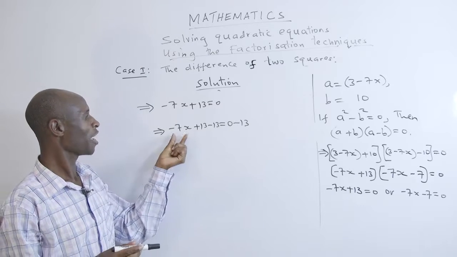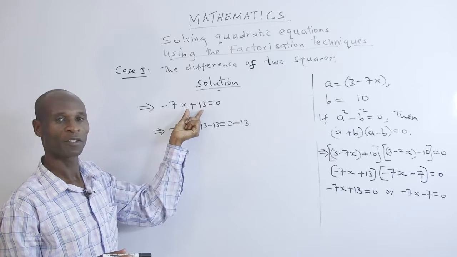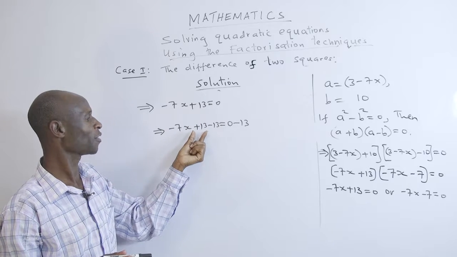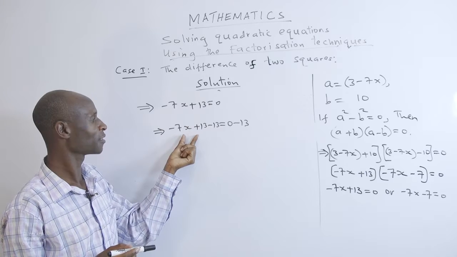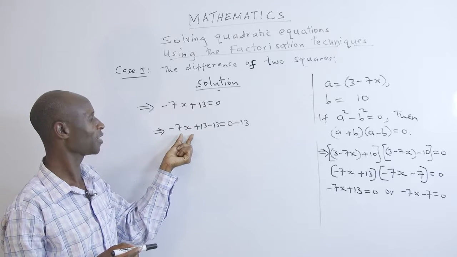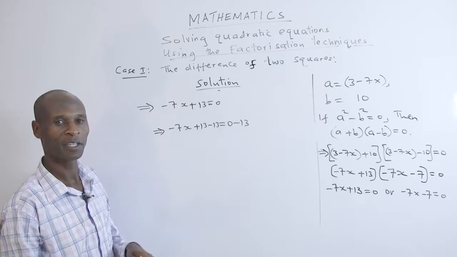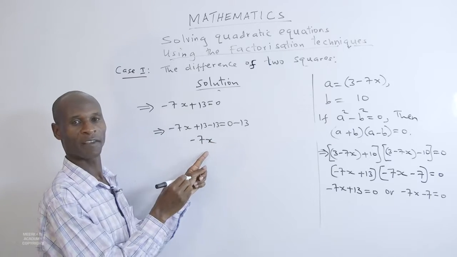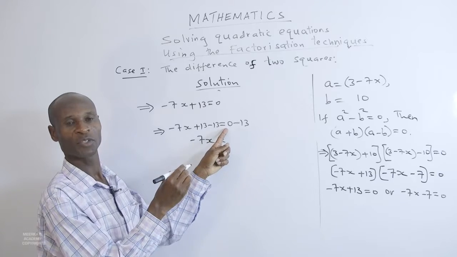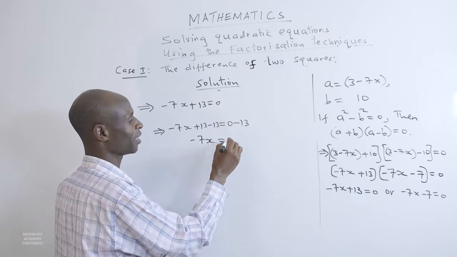To find the value of x, we first of all subtract 13 from both sides so that we only remain with a value having x on the left hand side. So it will be minus 7x plus 13 minus 13. So on the left, we remain with negative 7x. Then on the right, we have 0 minus 13, which is minus 13.